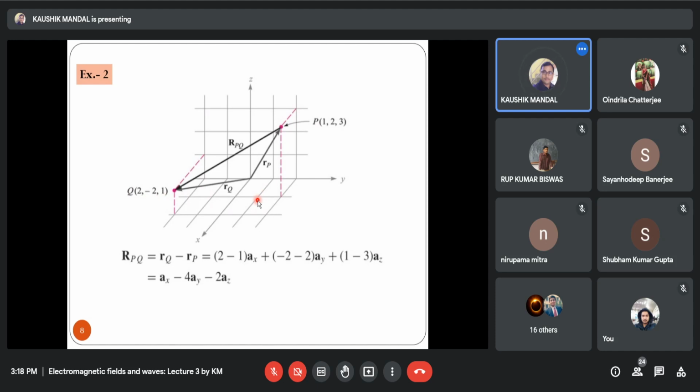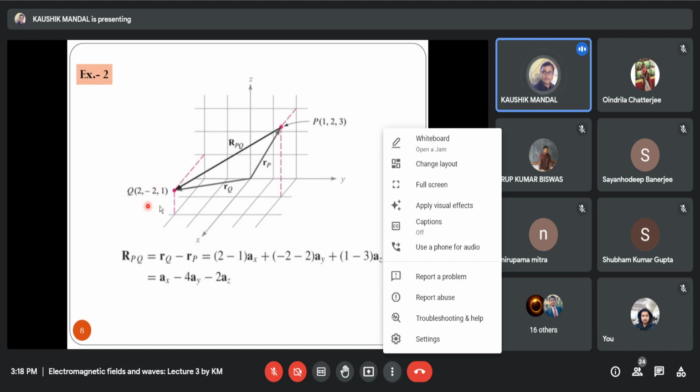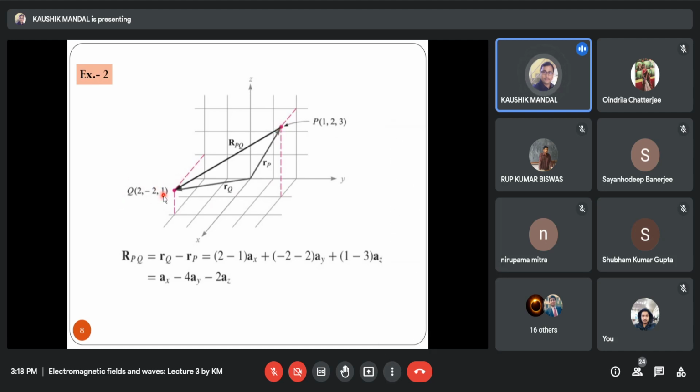Along the y-axis it is 2, and along the z-axis it is 3: 1, 2, 3. So that is the point. This is representing the point 1, 2, 3.